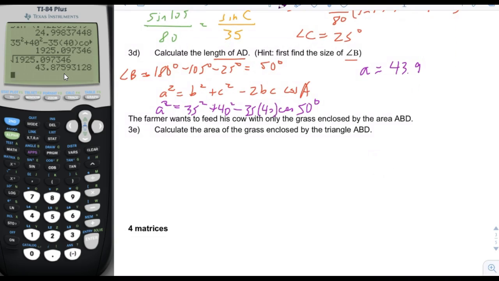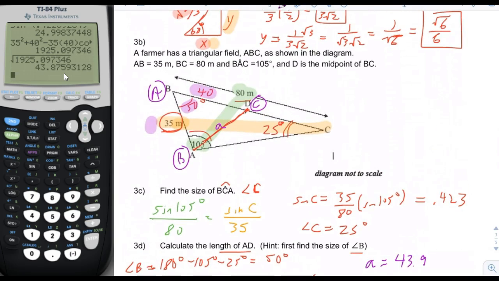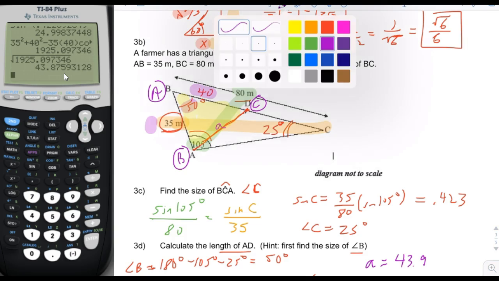Last of all, the farmer wants to feed his cow with only grass enclosed by the area ABD. Calculate the area of the grass. So ABD is this triangle that we've been working with, the yellow triangle. How do we figure out the area of this triangle?